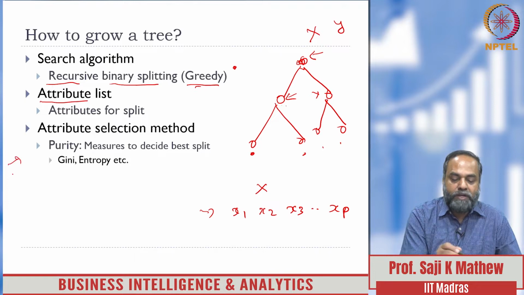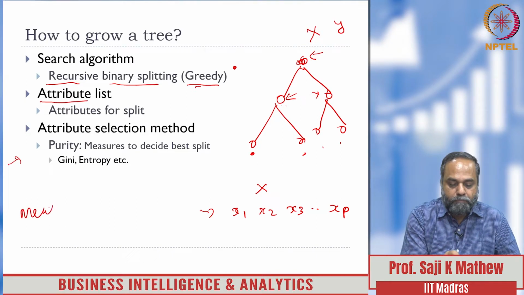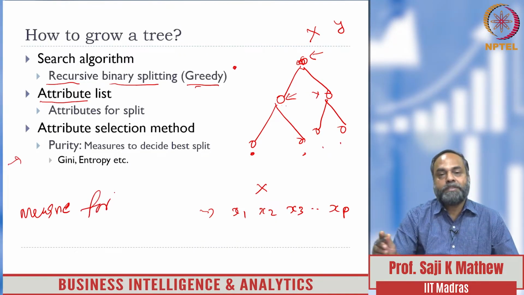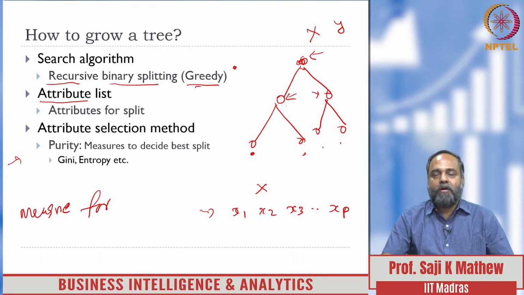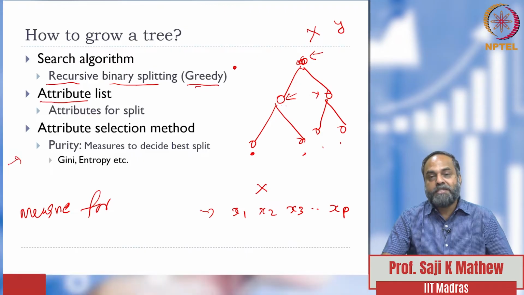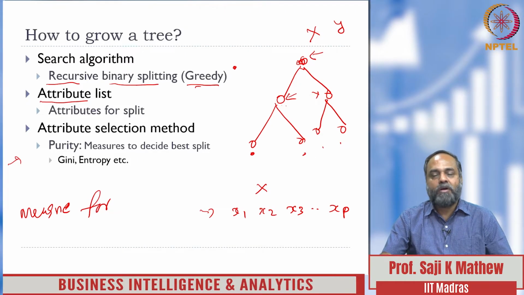And the third important step is to have a measure. You see, an algorithm searches for purity or homogeneity, and there has to be some measure, because all these algorithms can work only with objective measures, and therefore there has to be some measure of homogeneity.